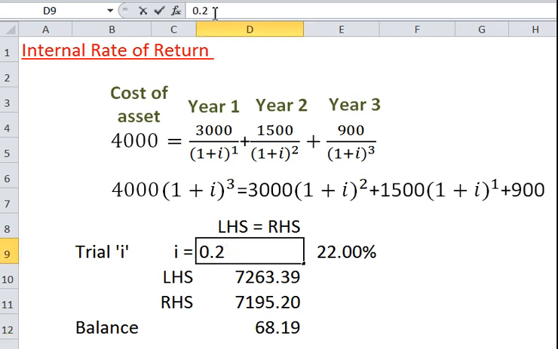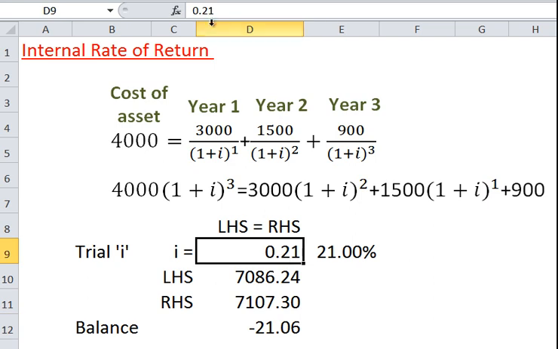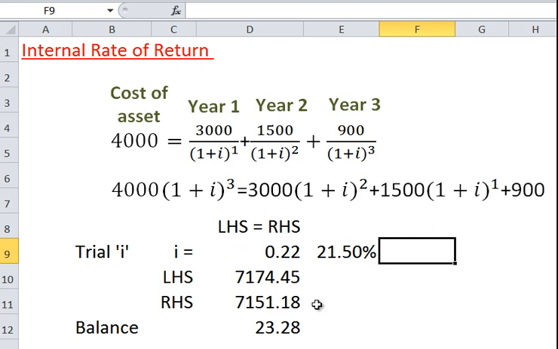Let's go 2.1. 2.1 is too small. So it's 2.1, say 5. 23 again. 23 is not bad. We could live with that.